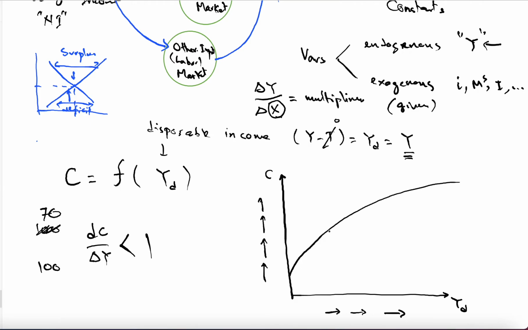So the slope, the change in C as a result of the change in disposable income, delta C over delta YD, is smaller than 1 but bigger than 0.